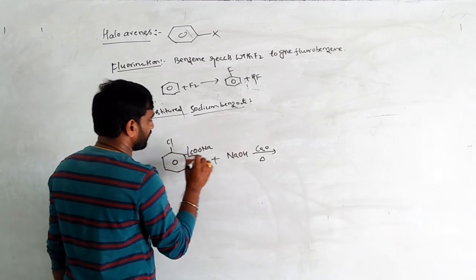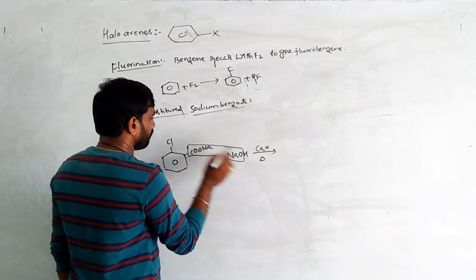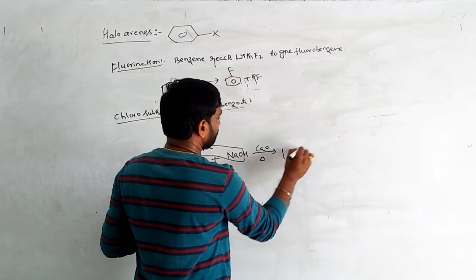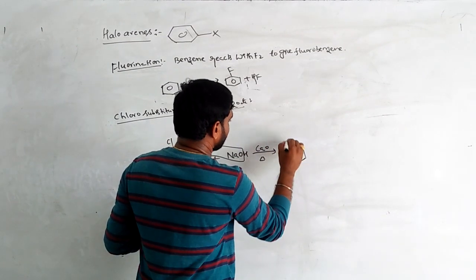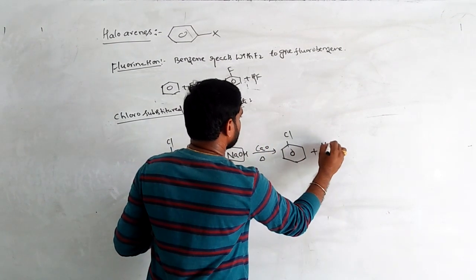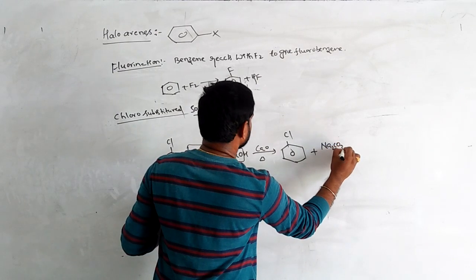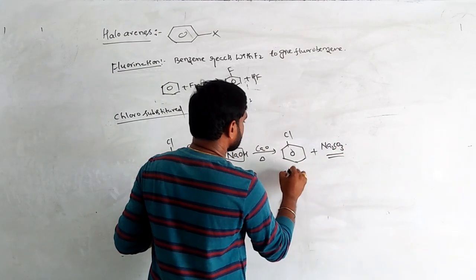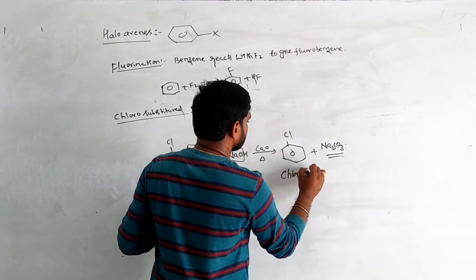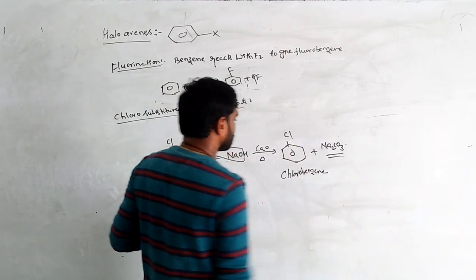Here removal of CO2 and addition of hydrogen forms benzene attached to Cl, and the remaining product is Na2CO3, sodium carbonate. This is chlorobenzene. Understand, students?